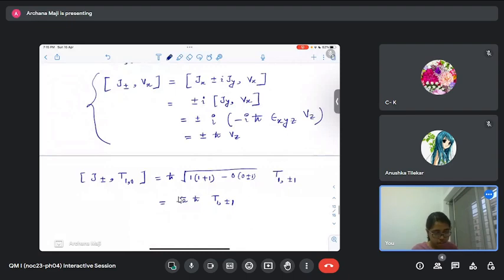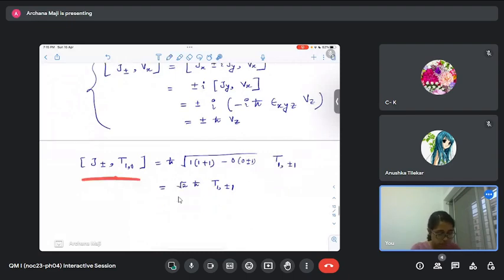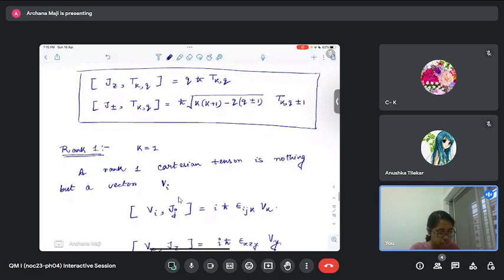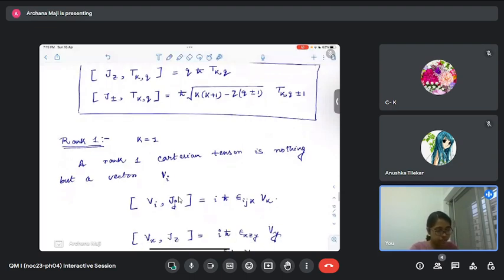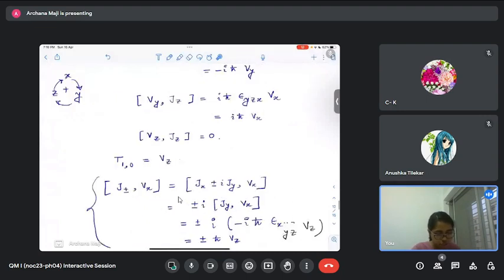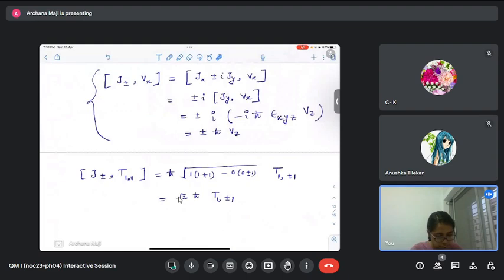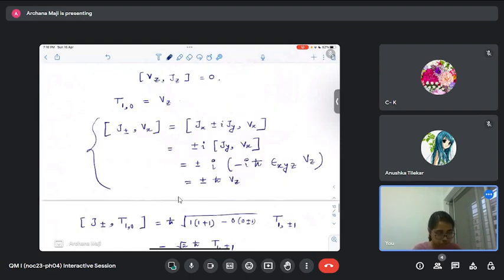That's why I'm telling you this. So this relation is the commutator of J plus minus with Tkq, and that gives Tk q plus minus 1, and so this q has to be 0. Otherwise it will become either plus 2 or minus 2 if q is anything other than 0. So we need to see what is the commutation relation of J plus minus with Vz, because we have already identified T10 with Vz from this commutation.